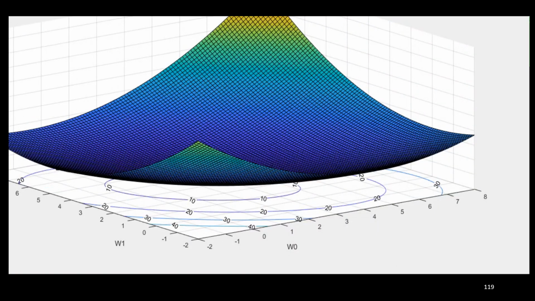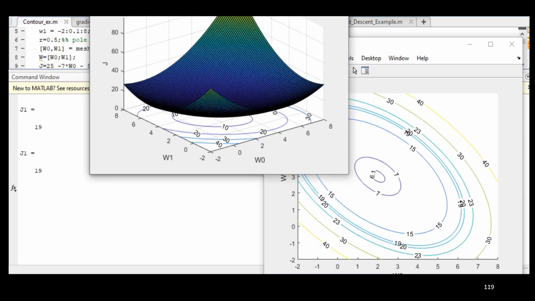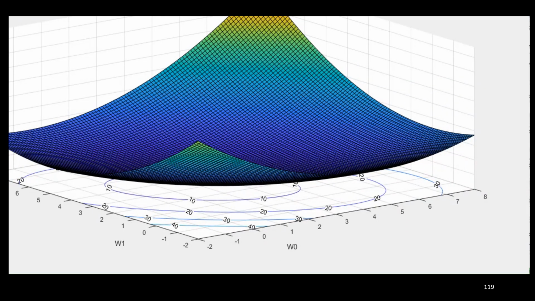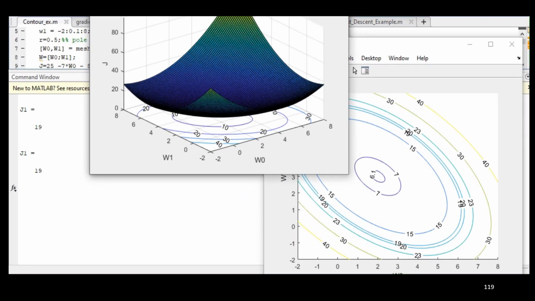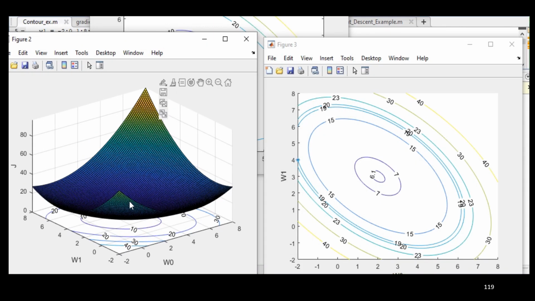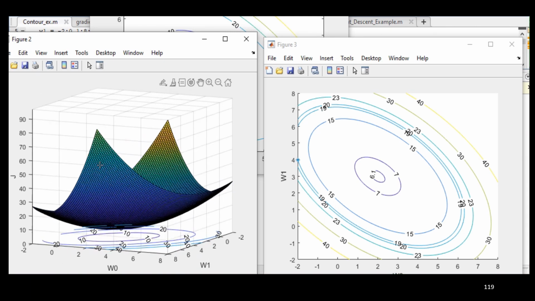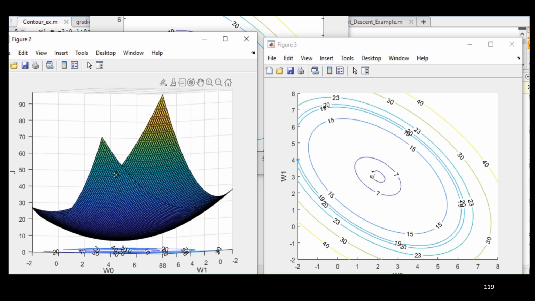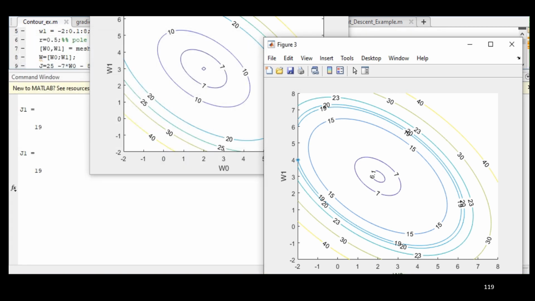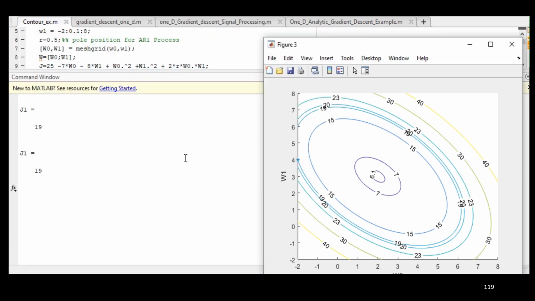and this is the cost function, right? And below you see this cost function, we have also drawn the contours. And then we'll show if this is our starting point, minus 2, 4, from here onward, what will be the next step?